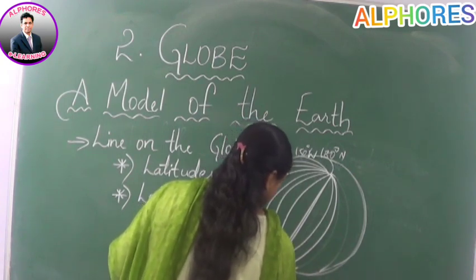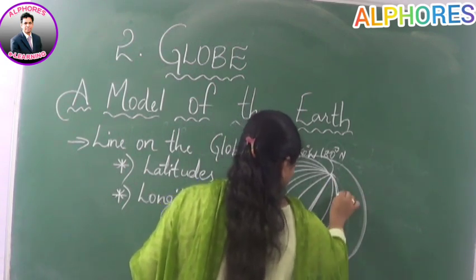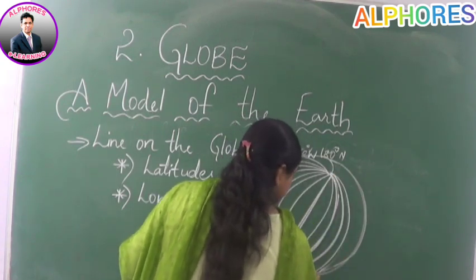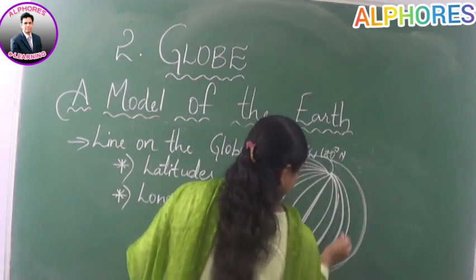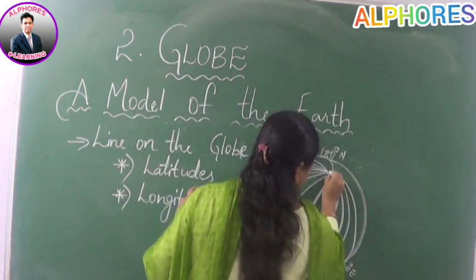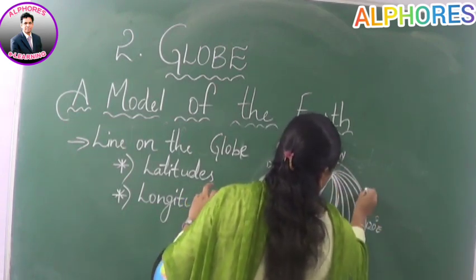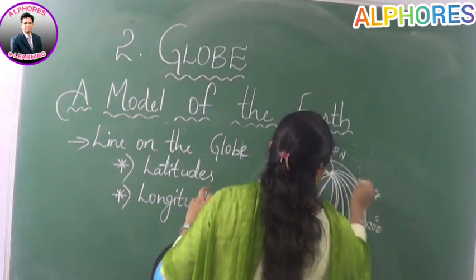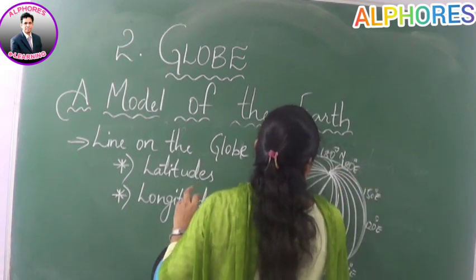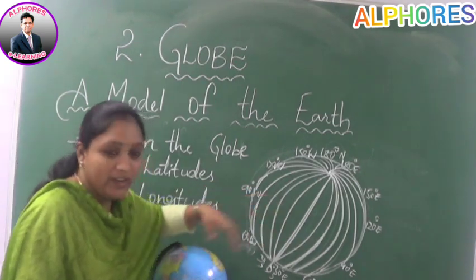So 30 degrees east, next 60 degrees east, 90 degrees east, 120 degrees east, 150 degrees east, and again the 180 degrees. So these are the important longitudinal lines, and this is how we do it.